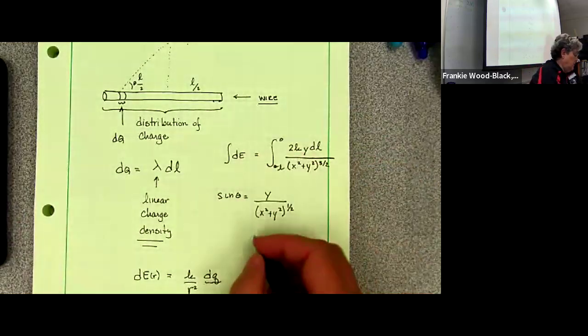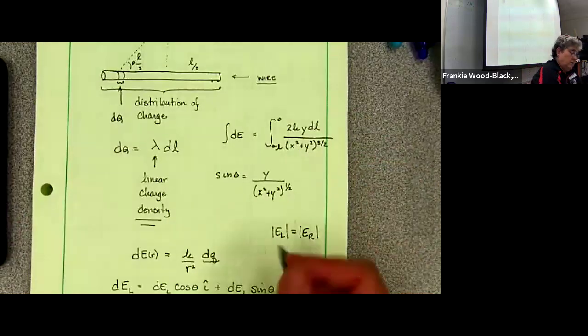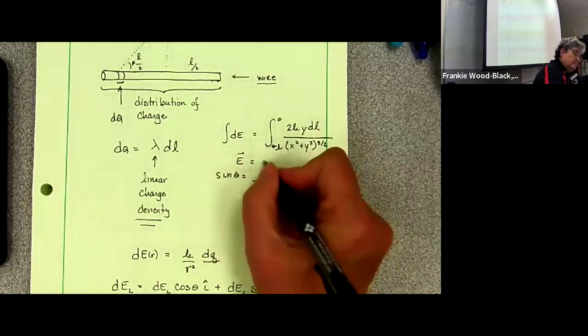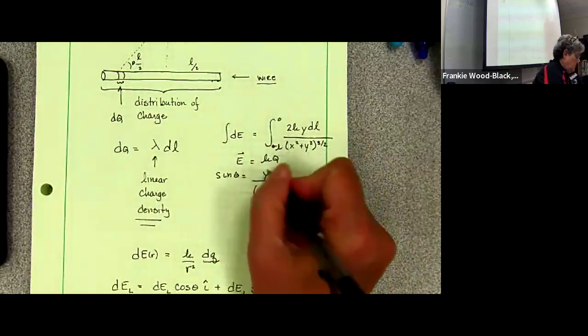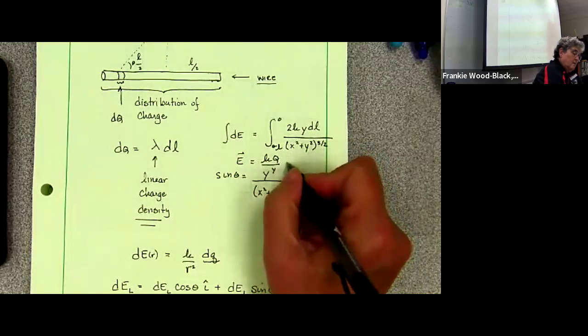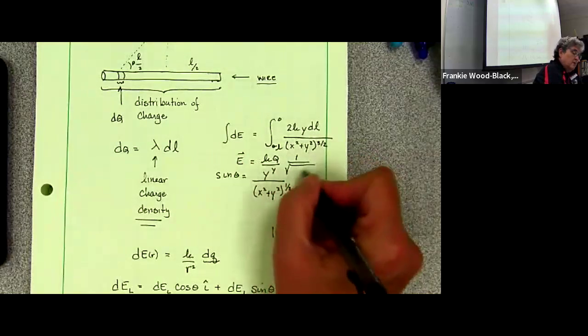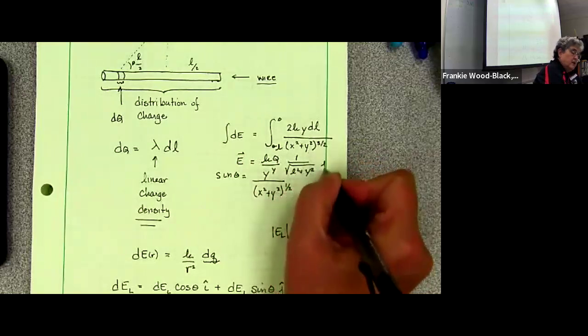And then you just integrate it and you'll ultimately get KQ over Y times 1 over the square root of L squared plus Y squared in the j direction.